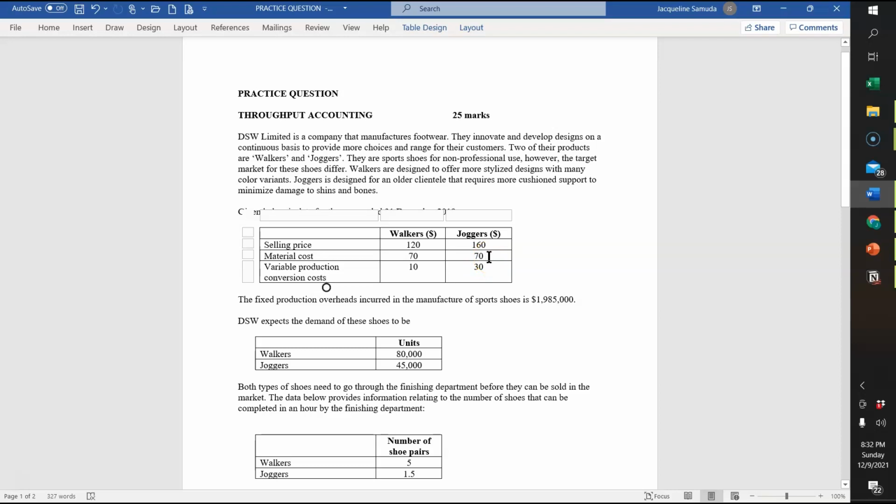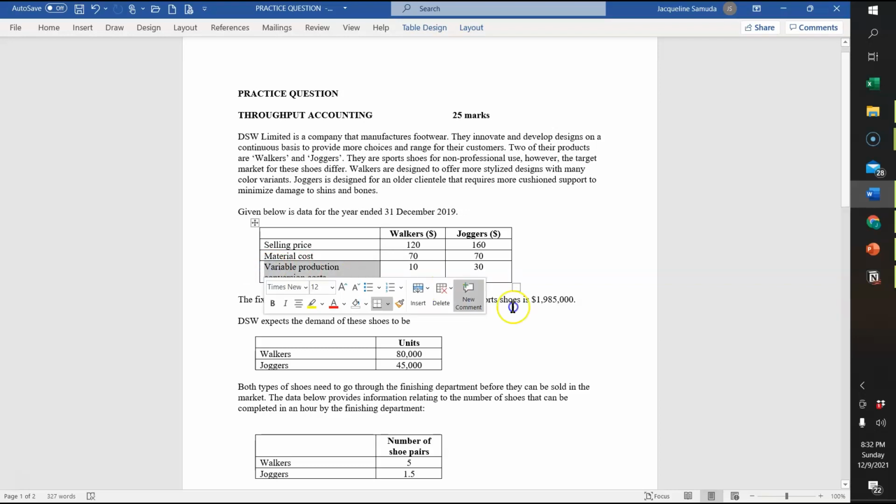The slide also indicates that direct labor cost must not be included in the calculation of throughput. Now, this data here does not specifically say that it includes the direct labor, but it is irrelevant because we know what those two pieces of information are, the ones that we need to calculate throughput, and it is the selling price per unit and the material cost per unit.